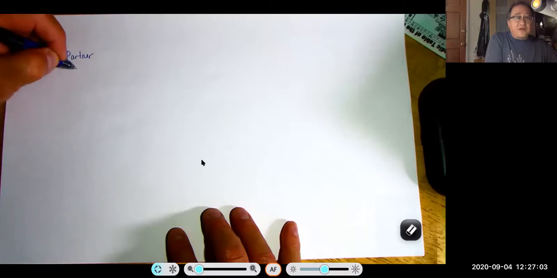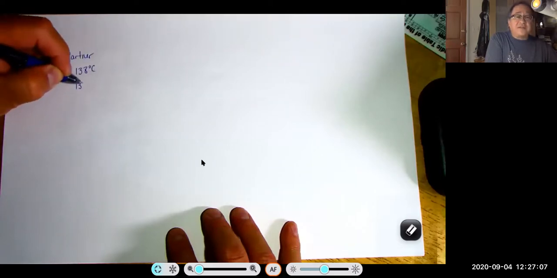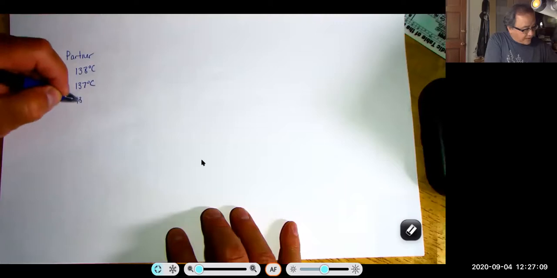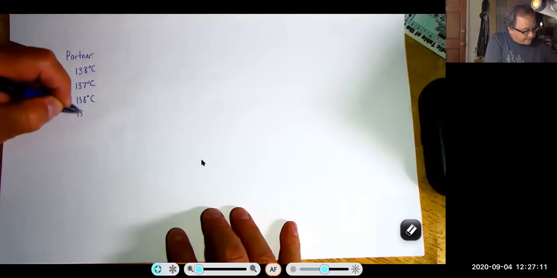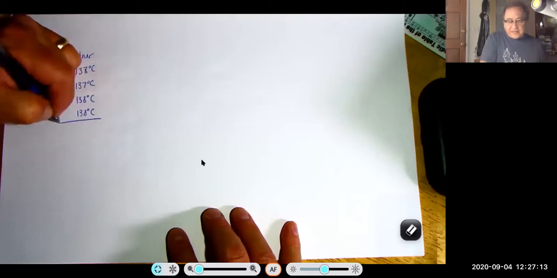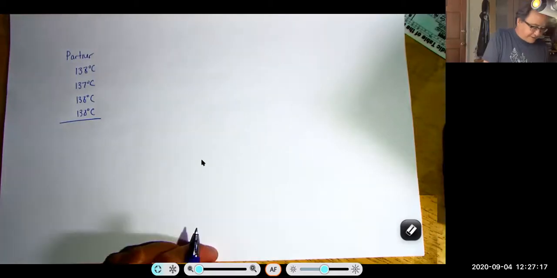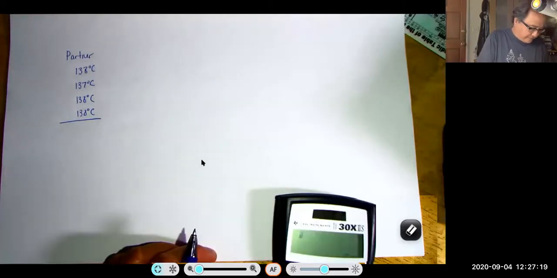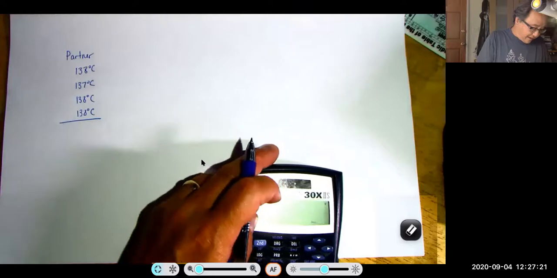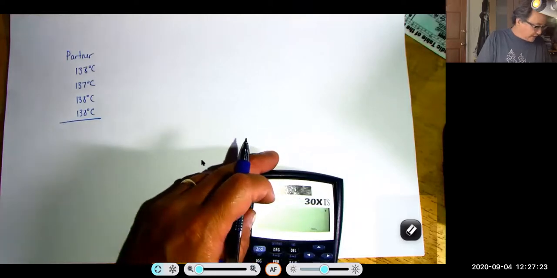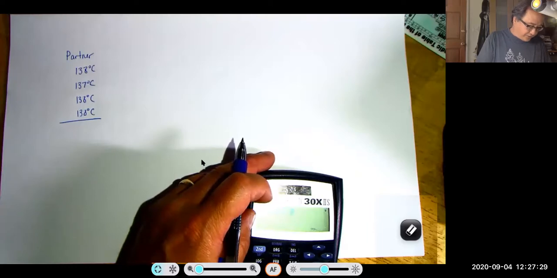gets values of 138, 137, 138, and 138. When we add these all together, we're going to get roughly what? 560? Or more than that, 580? Let's find out. 138 times 3 plus 137.